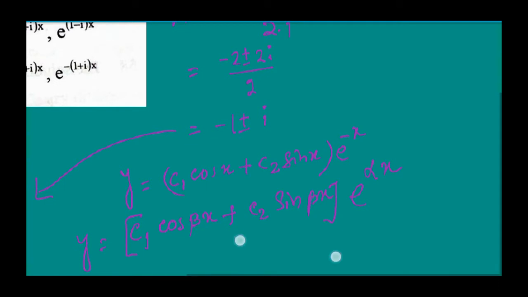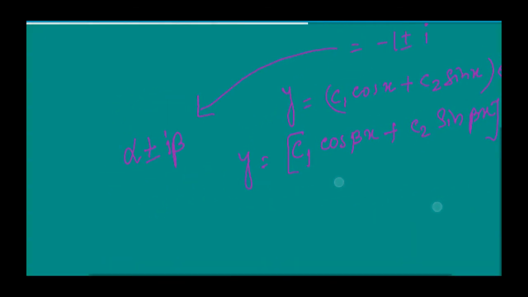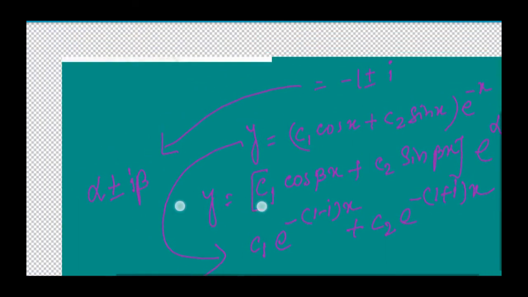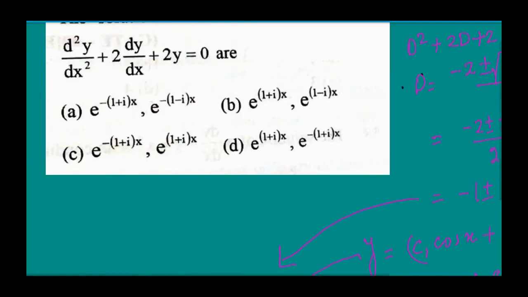This is the format, and if we neglect this one, it can also be written in exponential form as c1 e to the power (minus 1 minus i)x plus c2 e to the power (minus 1 plus i)x. So here option A is the correct answer.